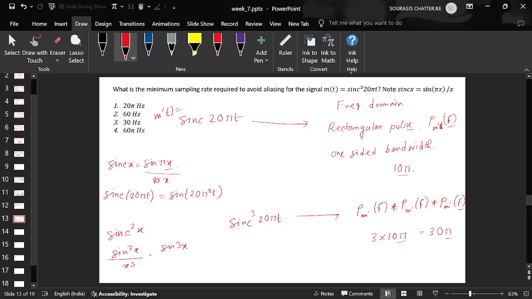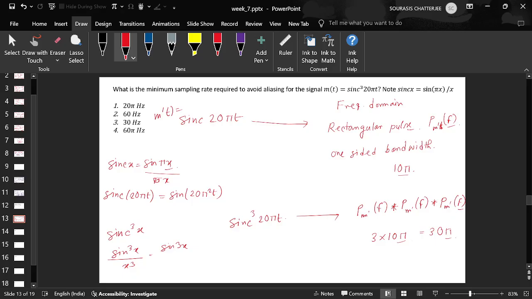I don't exactly remember the formula, there should be some scalar term here, most likely 1 over 4. So basically the bandwidth will become 3 times here, and that would be reflected in the frequency domain. So your m(t) is going to have a maximum frequency component of 30 pi.